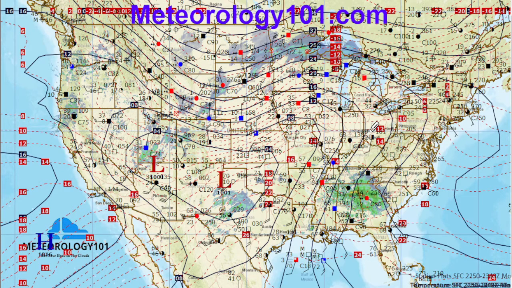So we look at lower ceilings to the south. Now let's look at our wind flow here. You want to justify these fronts with your flow. So if we had a warm front in this area, where's that warm front going to be?